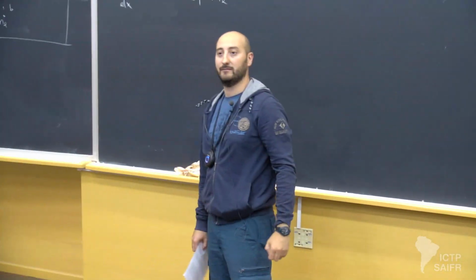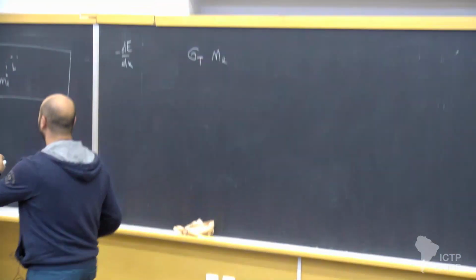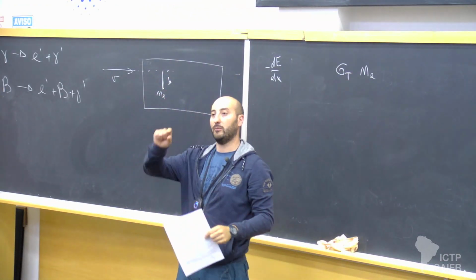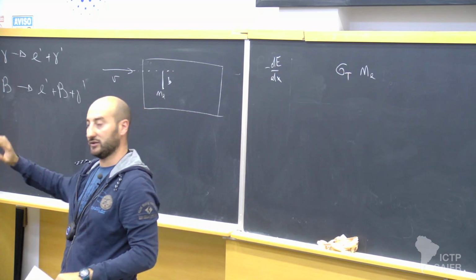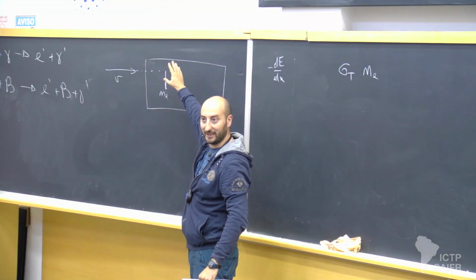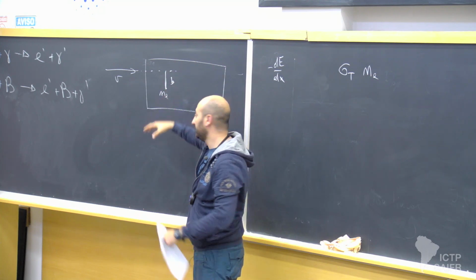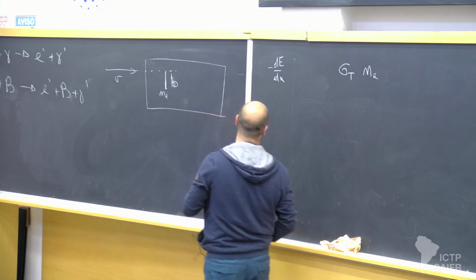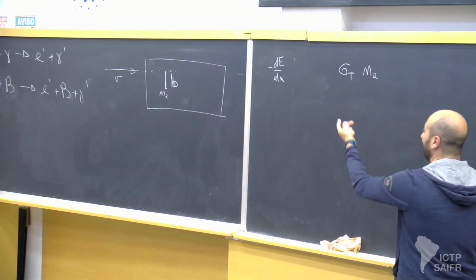Yes? b is the minimum distance from the target under consideration. Of course, there will be a distribution of b, so we will see what happens once I integrate over all possible b's. Sorry if it's not clear. And then there is an energy scale.